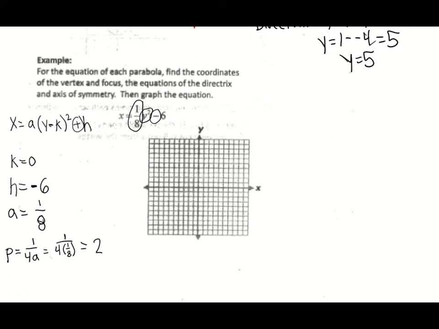Okay, so now we have all that information. We can find our parts of our parabola. We have our vertex, focus, axis of symmetry, and directrix.